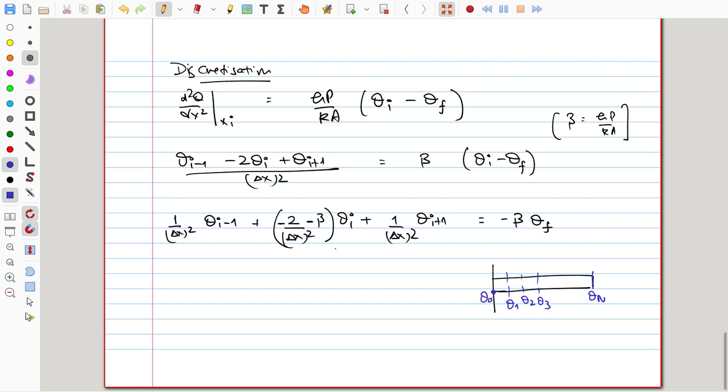So n intervals is what we have. If you know the length, you can find delta x. So all I have to do is fix a capital N value, and based on that I will be able to find delta x and also how many unknown thetas there are.